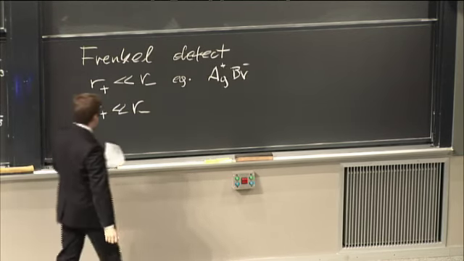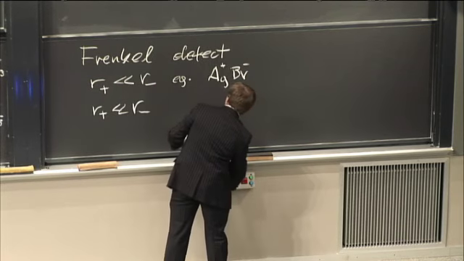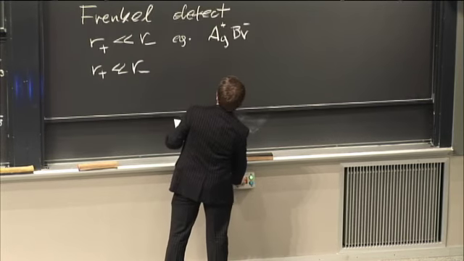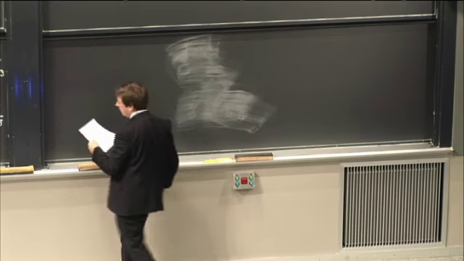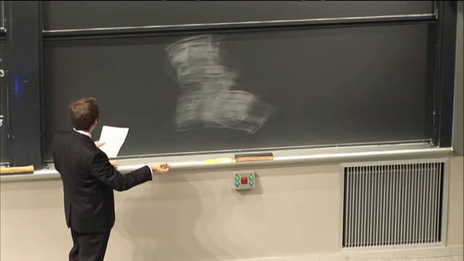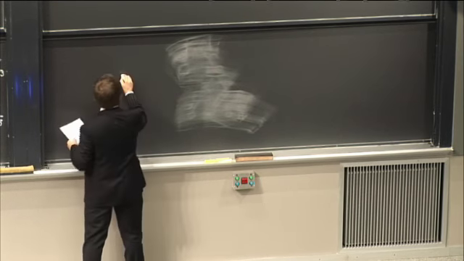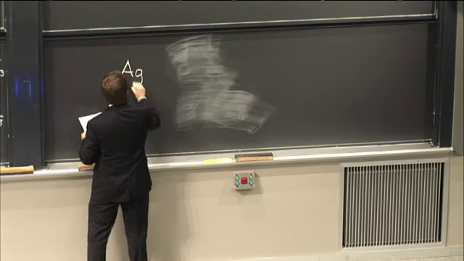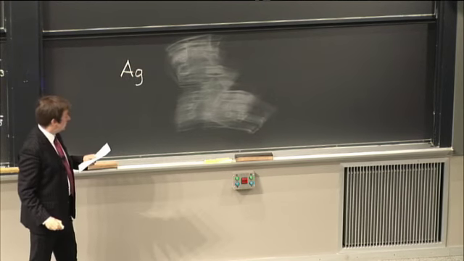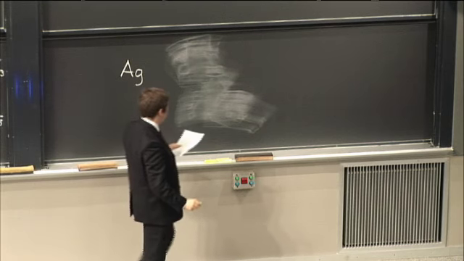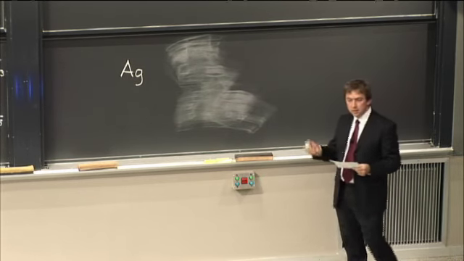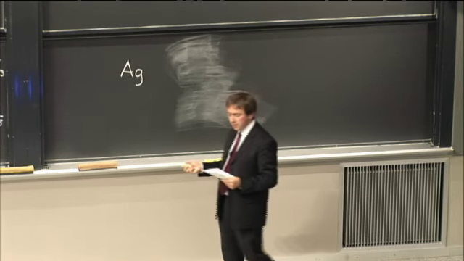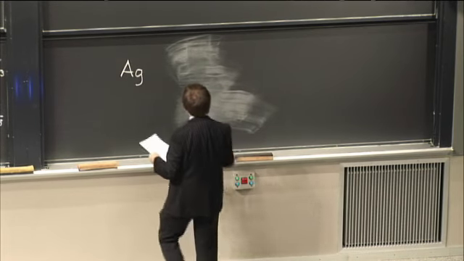And we can write down a reaction to describe the Frenkel defect formation just like we did in the case of the Schottky defect formation. So in the case of a Frenkel defect formation, how do we actually go about this? We can start out with a silver atom site, and we're going to displace that silver atom away from its original site so that it now sits in an interstitial position, and we're going to leave behind a vacancy.